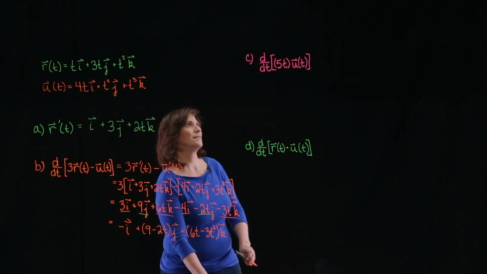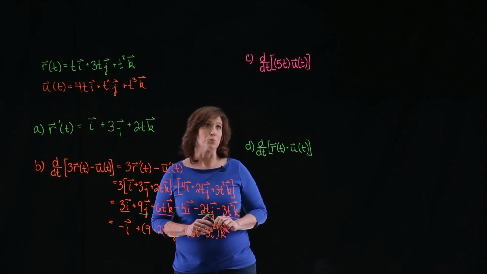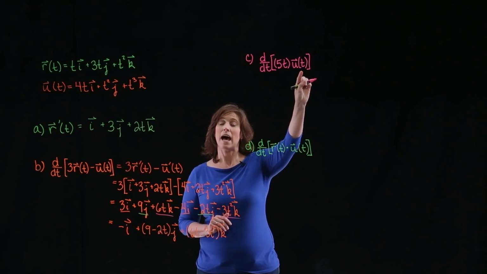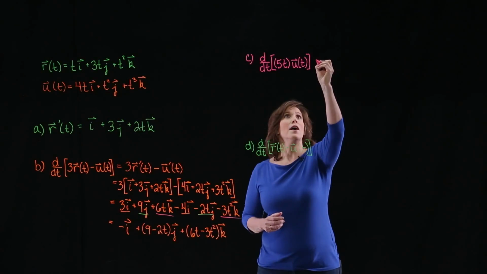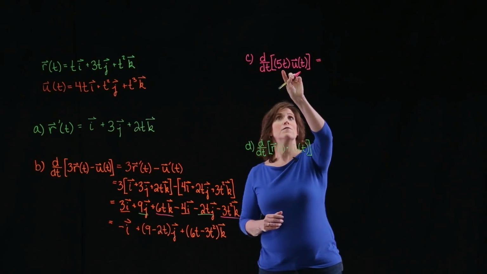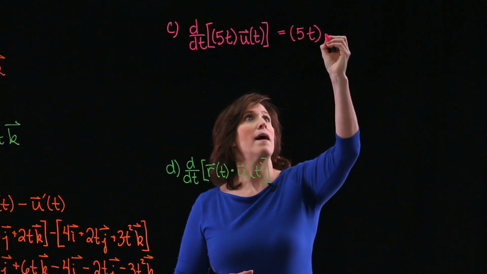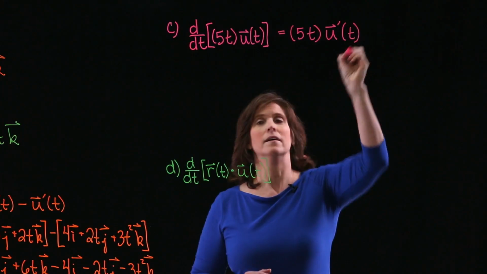Okay, moving on. The next couple of problems deal with the product rule. Notice in this one, I have the derivative of 5t times my vector function u. By the product rule, I can start out by taking the first factor, which is 5t, and multiplying by the derivative of my vector function u.